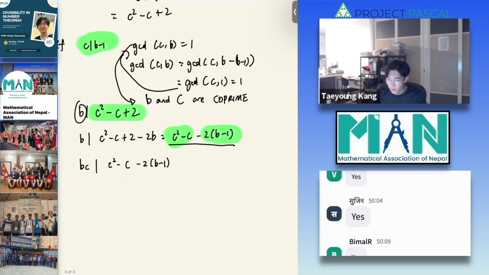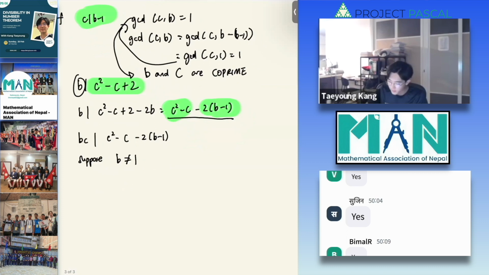And if B equals 1, obviously there are infinitely many solutions, right? So supposing B is not equal to 1, i.e. B is larger than or equal to 2, what solution set do we get?